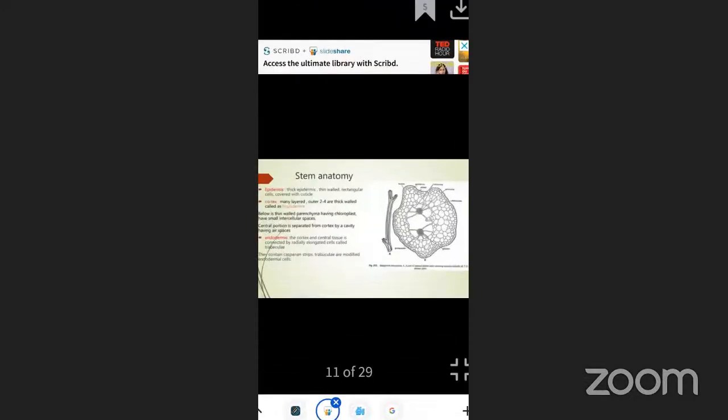When we take the rhizome transverse section, there is the epidermis, which is the outermost layer, and the epidermis is covered by a very thick cuticle, which protects in xerophytic conditions.